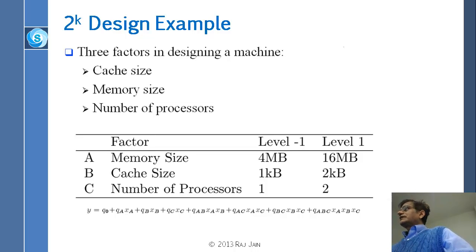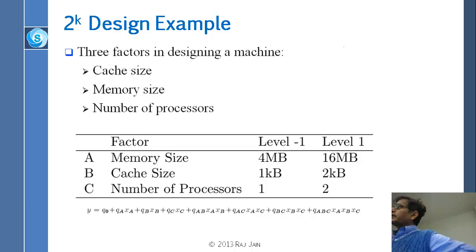Then the last term is qabc xa xb xc. This is a 3 factor interaction. This was not there so far, so this is a new thing that I just wanted to introduce here. So now we have 2 factor and 3 factor interactions, and obviously the main effects and then the mean.